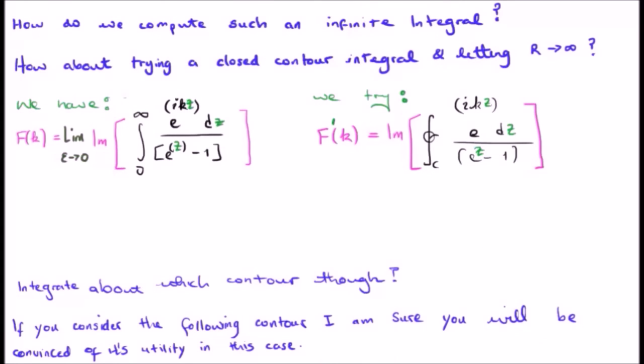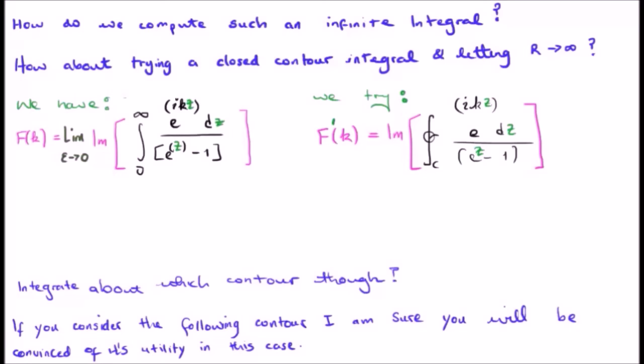Now, what does this look like? Well, if you've seen contour integration in the past, you'll know it's all about selecting a contour which makes the integration easier. So the difficult thing we have to do now is actually select this particular contour. What are we going to use? Now, if you consider the contour which I'm going to show you, I'm sure you'll be quickly convinced of its utility.